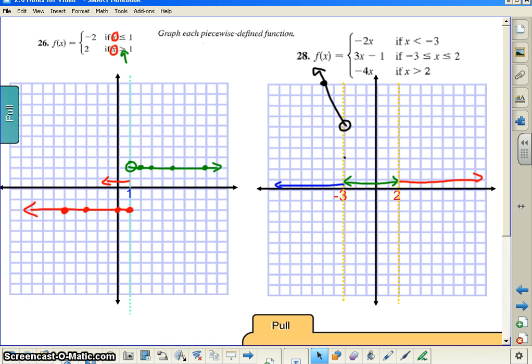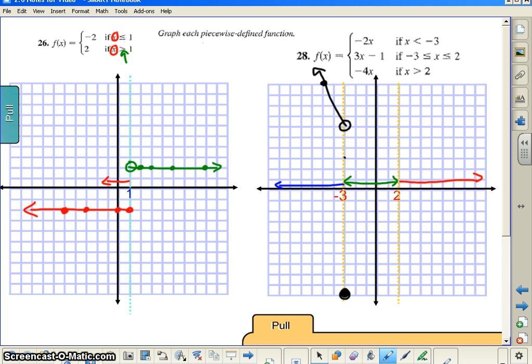Okay, the second restriction, in between negative 3 and positive 2, we will evaluate that. 3 times negative 3 is negative 9, and negative 9 minus 1 is negative 10. Okay, this one is going to be a closed circle because we can have x equal to negative 3.